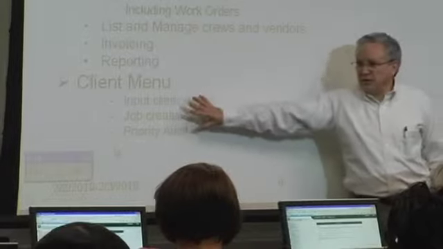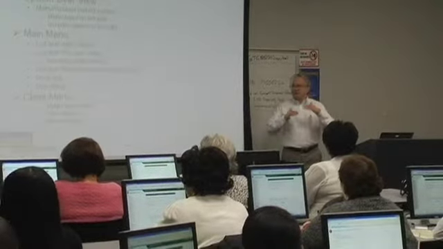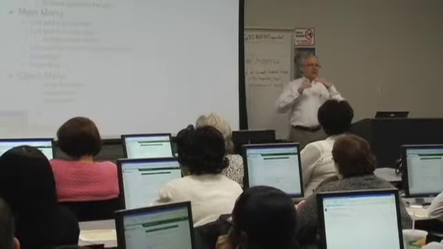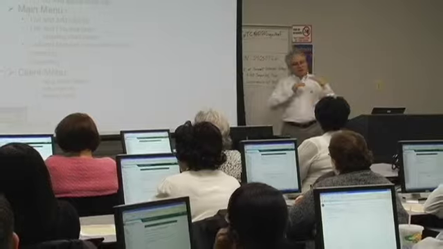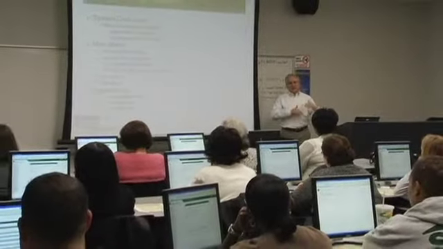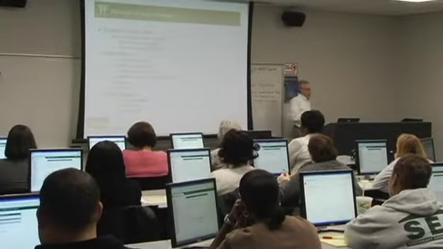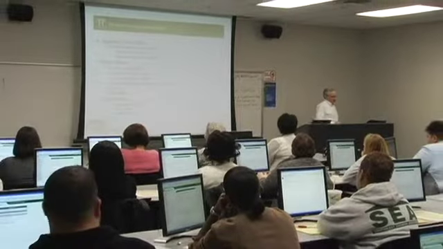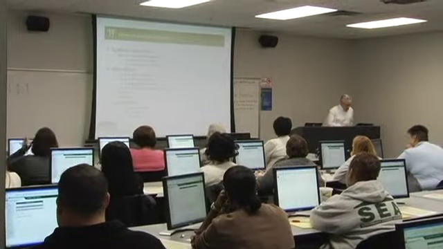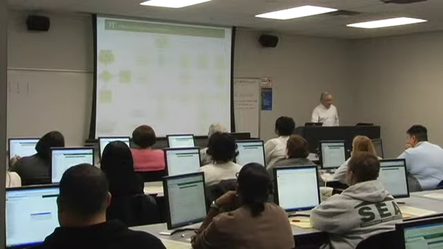So there'll be another sub-menu that's going to come up, and we'll see it in a few minutes, where you manage that initial part of the job, where you're putting in the basic house information, and then sending somebody out to do the audit. They come back and they give you a list of measures, and you're going to input the measures that are going to actually be applied to this particular home. So with that, let's talk about the client input process.